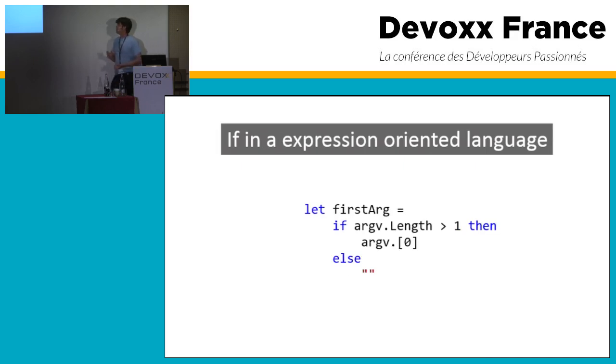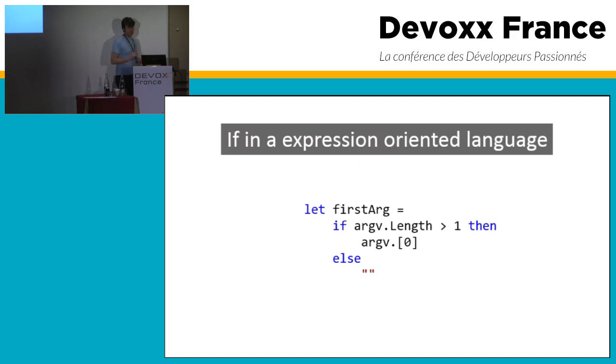Now, the functional or expression-oriented way of doing this is an expression. So rather than declaring a point in the environment first, we just have a name that's going to hold the results. And in the first case, where our predicate conforms to the thing we want, we return a result. Otherwise, we return an alternative.